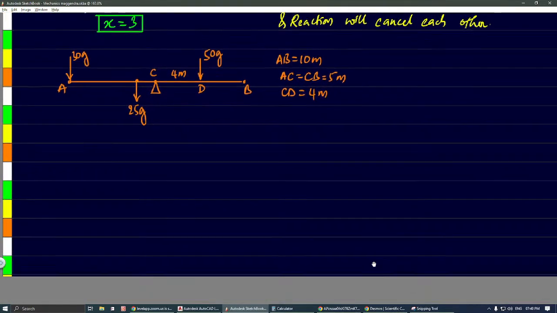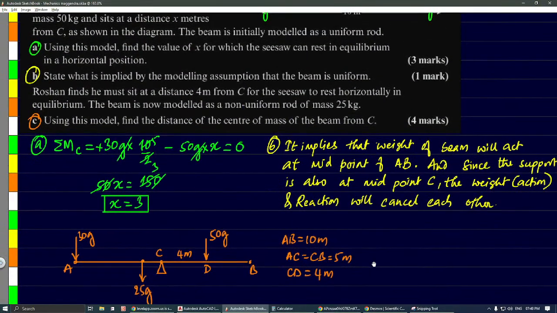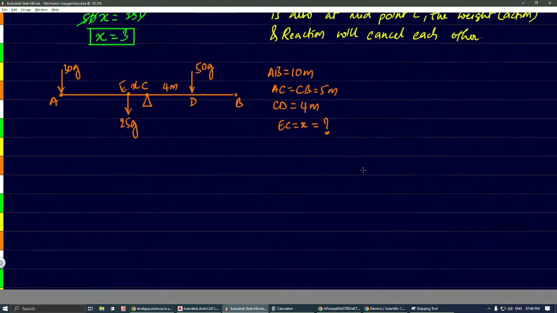Now using this information, what we need to find is the distance of the center of mass from C. So let us call this point E. So we have to find the value of EC. EC is the distance we need to find.